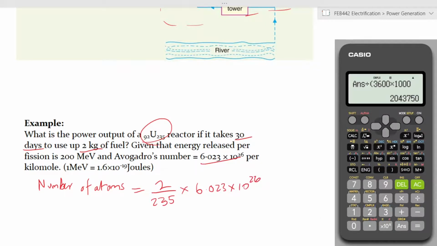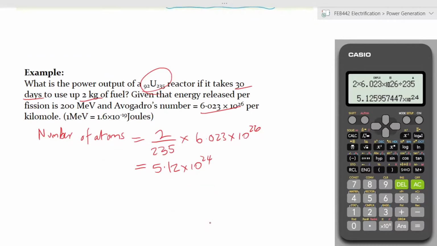Okay, where's our calculator? So 2 times 6.023 times 10 to the power 26 divided by 235 gives us this many atoms that are available to produce our electricity.